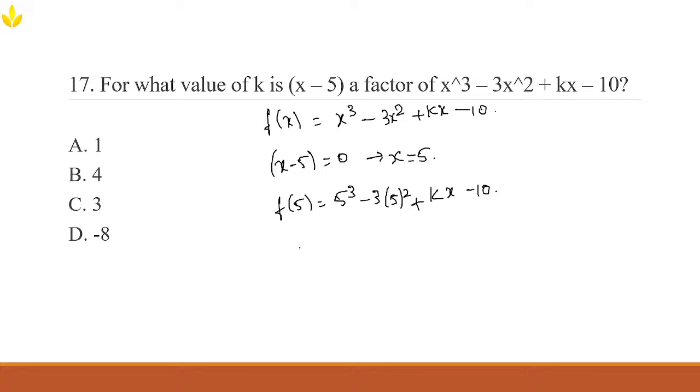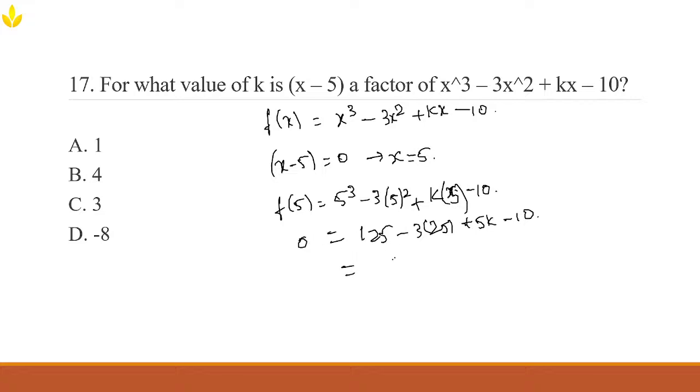So this f of x, we are substituting it to 0 so that we can get the value of k over here. Sorry, x, here it is 5 again. So 5 cube gives you 125 and 3 into 25 plus 5k minus 10. So this will be given as 0.